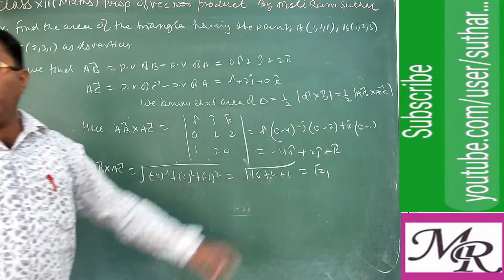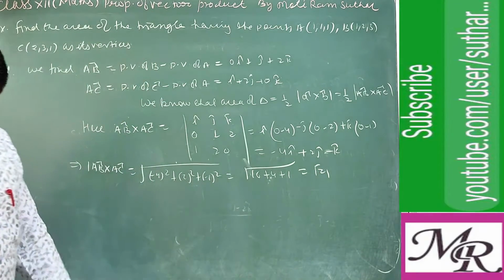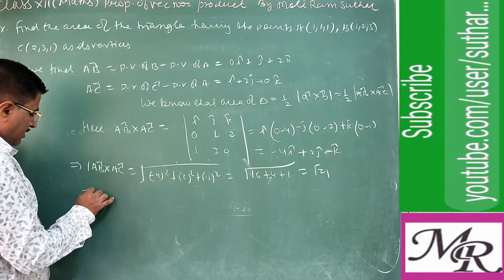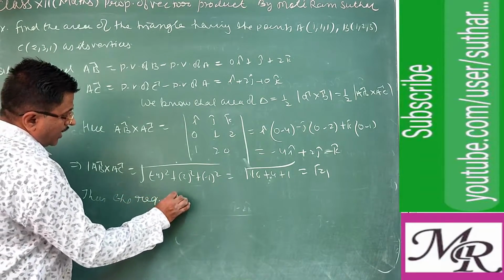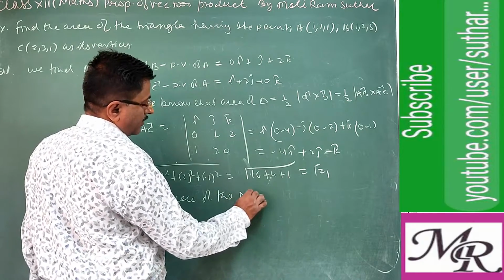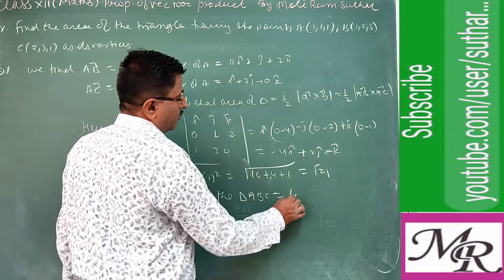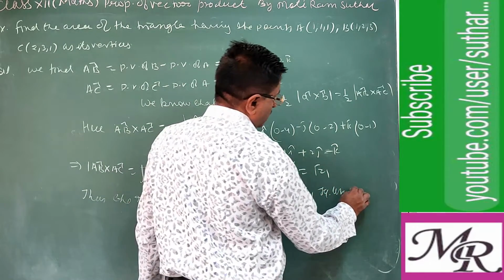So what is the area? 1 by 2 of this. So the required area of the triangle is equal to 1 by 2 root 21 square unit.